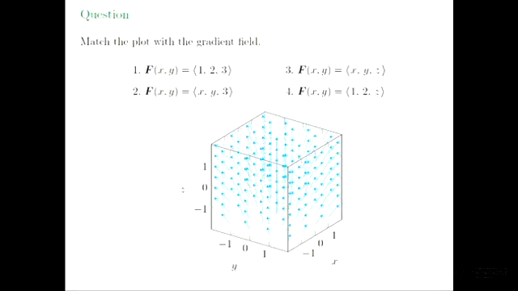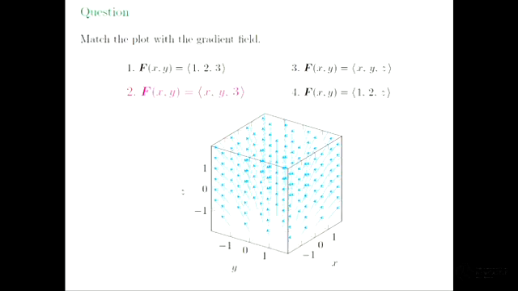Is that even true? You go to XY. Oh, no. They're not all going to be the same length. They should be getting longer as you move away from the origin. But the point is, they're all pointing upward, even in the negative Z region. So that's why we can associate 2 with this.